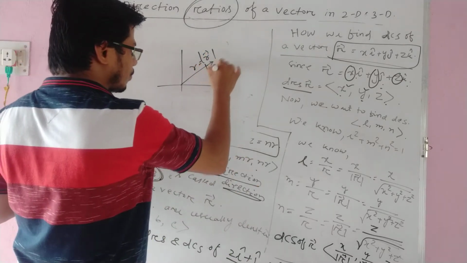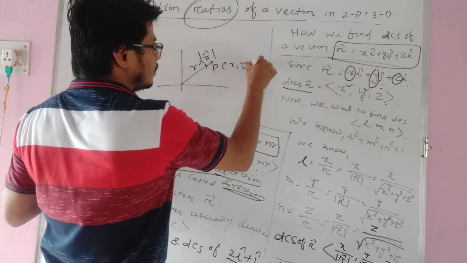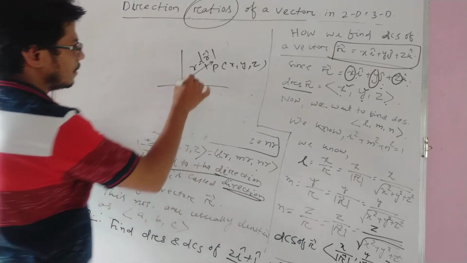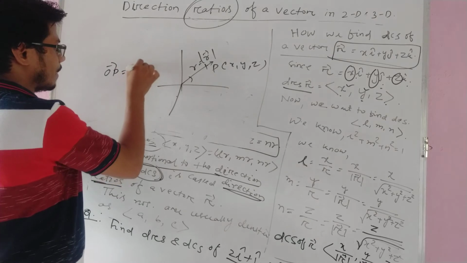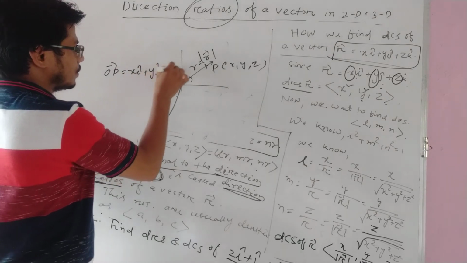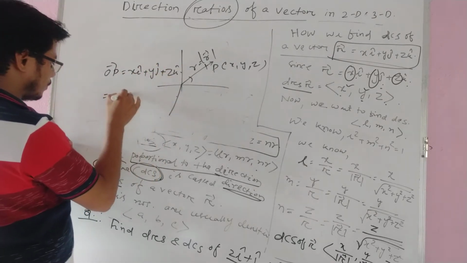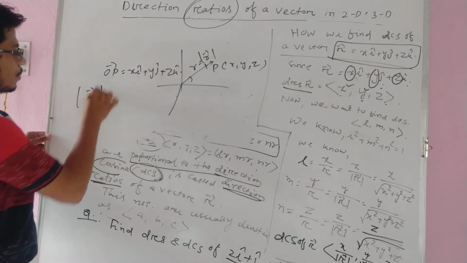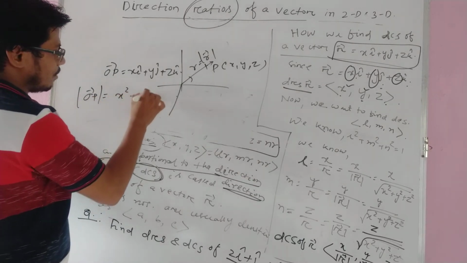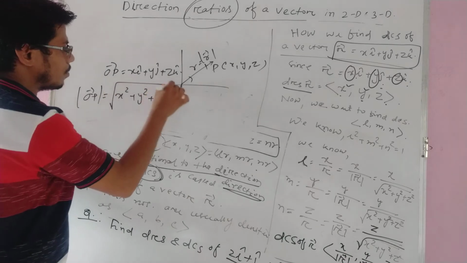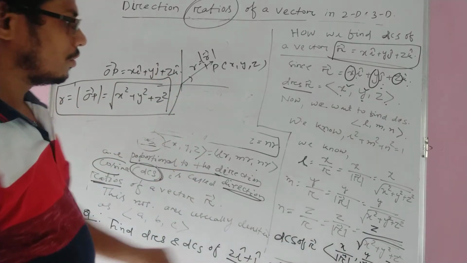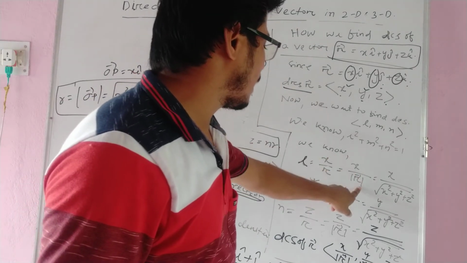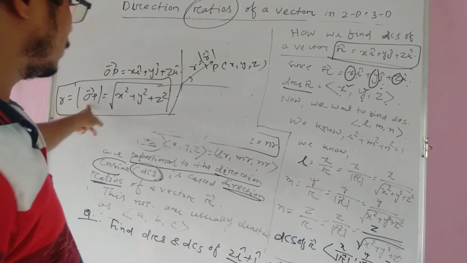If this is your point P with coordinates x, y, z, then OP vector is equal to xi plus yj plus zk. So the OP vector magnitude is equal to the square root of x square plus y square plus z square. This is your r, the magnitude of the r vector.